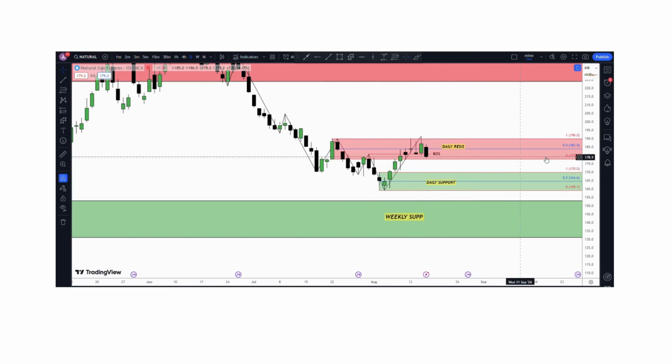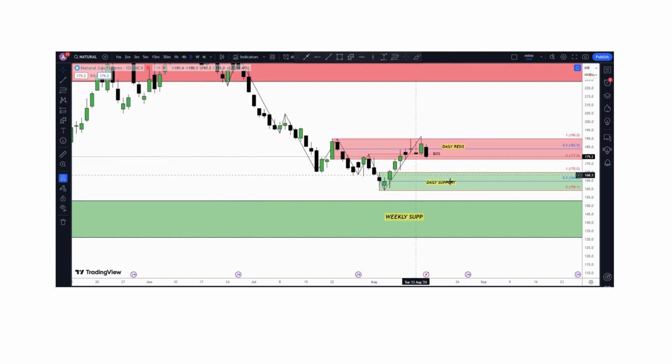Daily resistance has closed down below 50%. So again, price is showing the tendency of coming down. So I wouldn't be long on this counter. If I was you, I would try to look for trades on the short side. Targets maybe over here, this zone, 169, 170 to 160 levels would be my target zone.